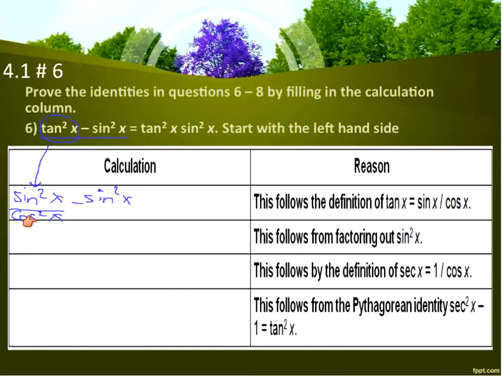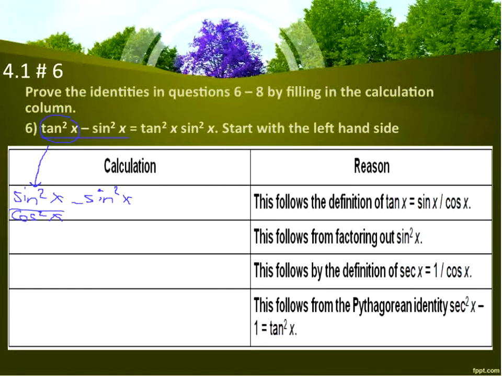Now, the next thing that we want to do is we always have to have common denominators, because if I'm subtracting, I'm not allowed to subtract these two terms until I have a common denominator. I know the step doesn't say get common denominators, but that would probably also be one of my reasonings.